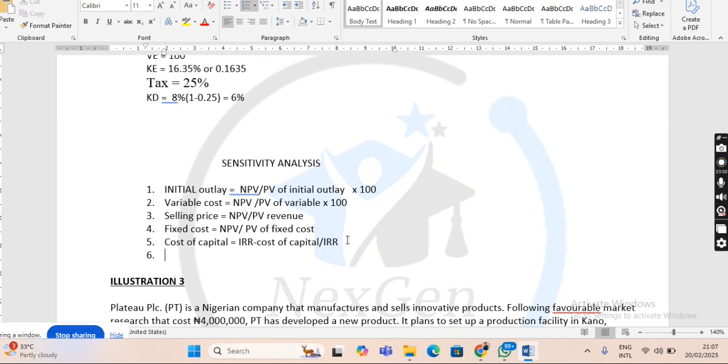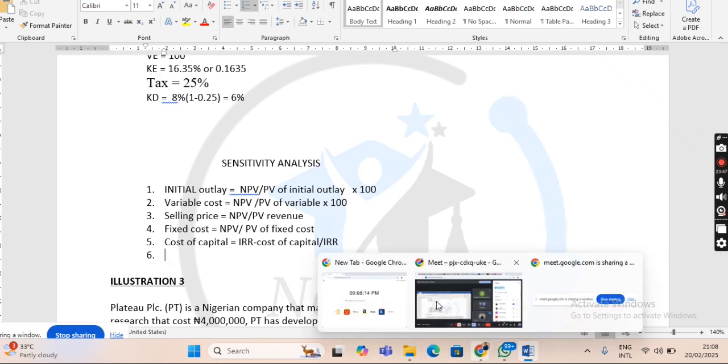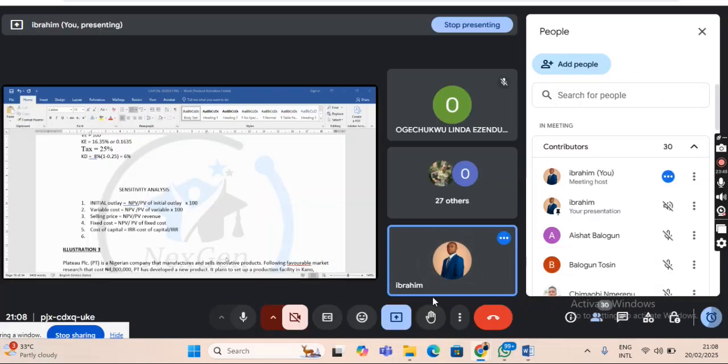Which other sensitivity analysis would we normally say we should do? Okay, fine. Which other one?